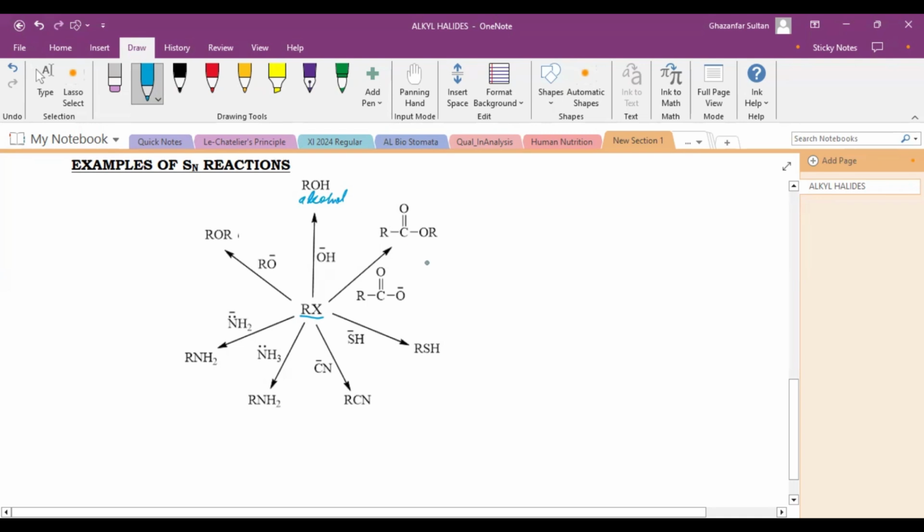An alkyl halide can also undergo nucleophilic substitution reaction to give an ester when a sodium salt of carboxylic acid is used.